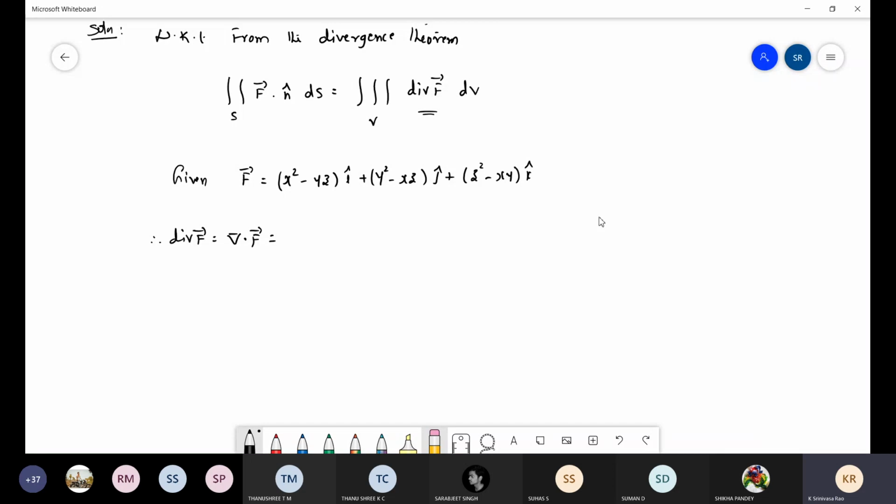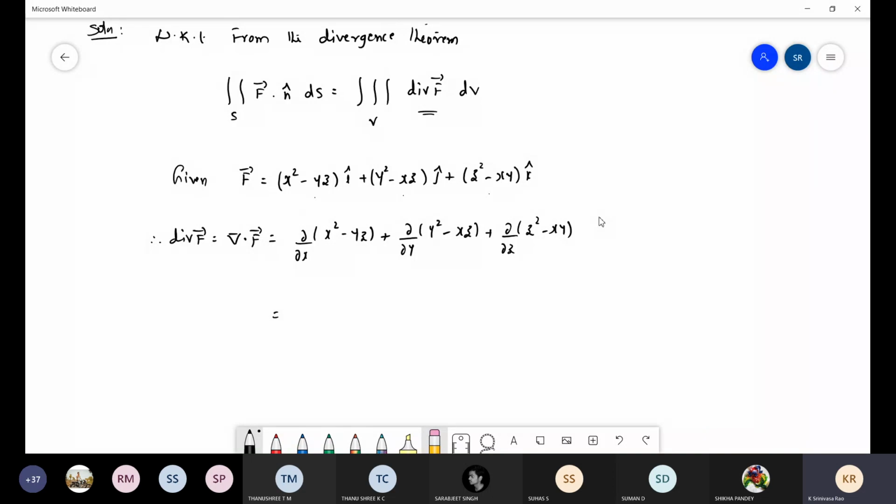So you have to differentiate partially the first component with respect to x, the second component with respect to y, and the third component with respect to z, without ijk because it is a dot product. Okay, so write down dou by dou x of (x square minus yz) plus dou by dou y of (y square minus xz) plus dou by dou z of (z square minus xy).